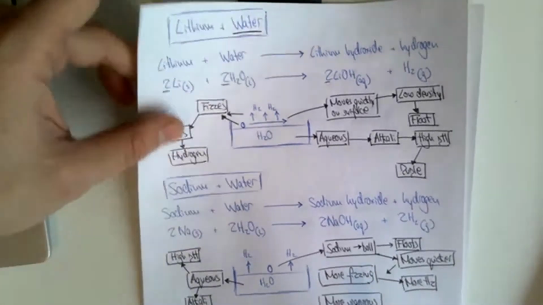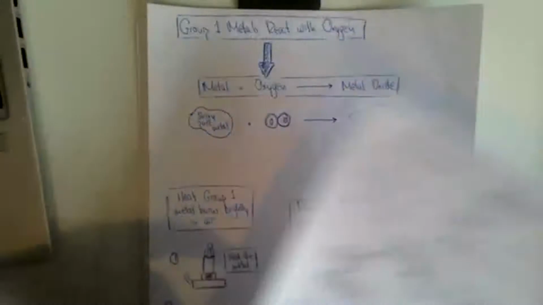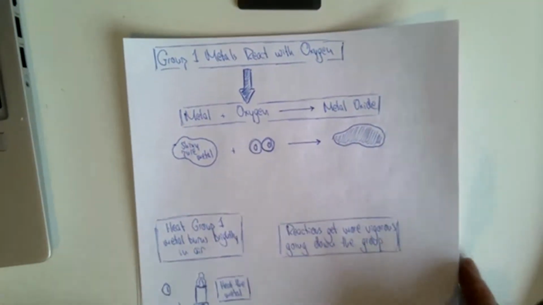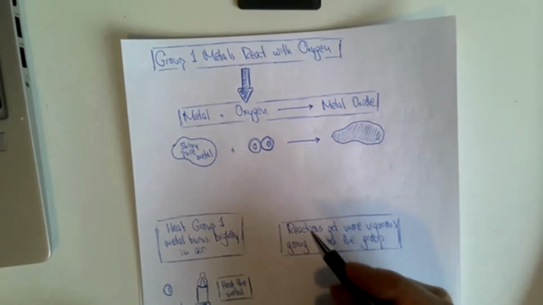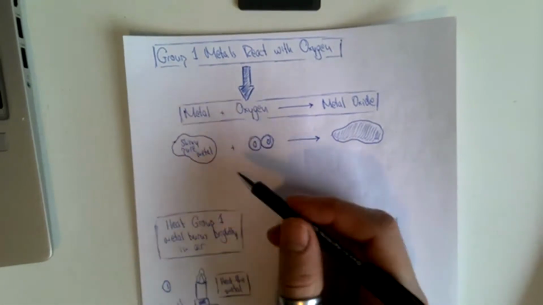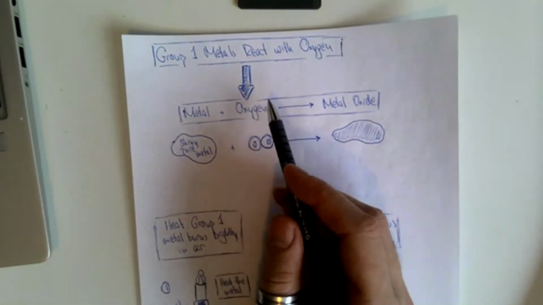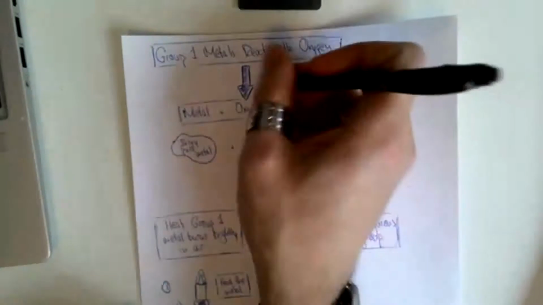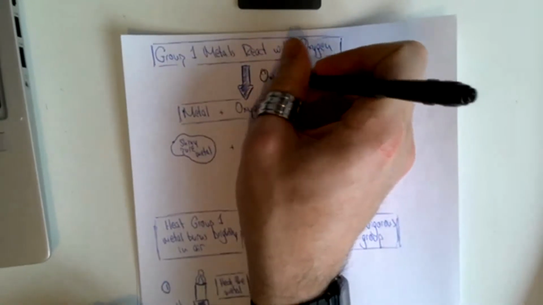As well as that, we also want to be familiar with how group 1 elements react with oxygen. Whenever you've got a group 1 element reacting with oxygen, you form a metal oxide, and the name of this process is oxidation.